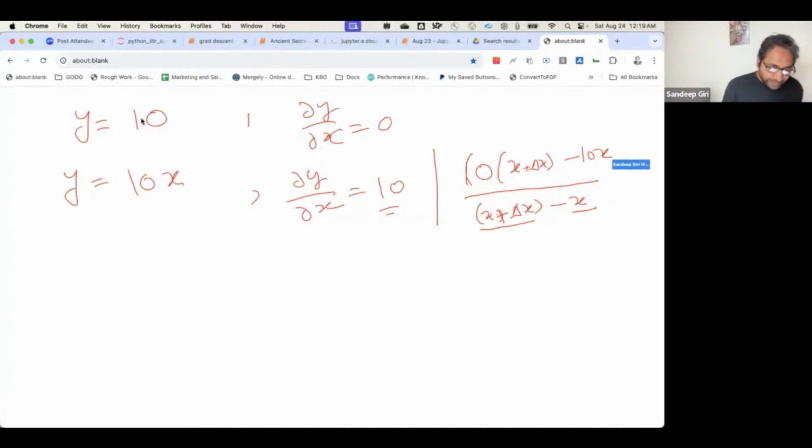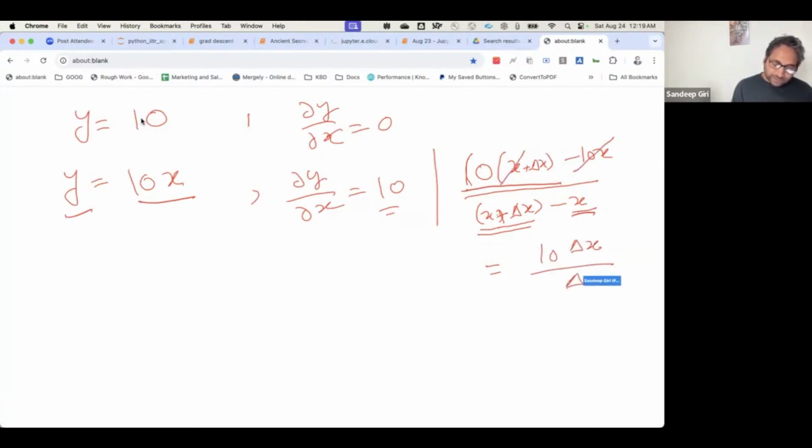At x, y is 10x. At x plus delta x, y is 10 times x plus delta x. So the 10x cancels with the 10x, and you have 10 of delta x divided by delta x. Delta x cancels, we get 10. Everybody okay with this?